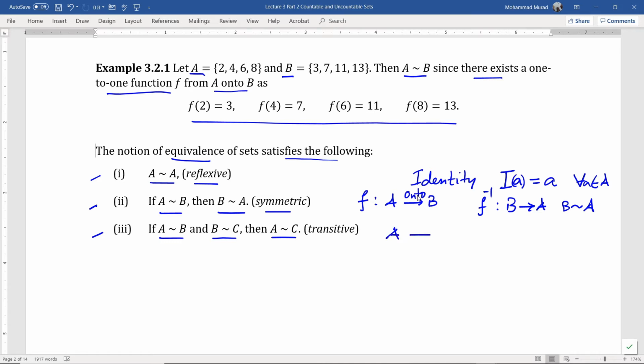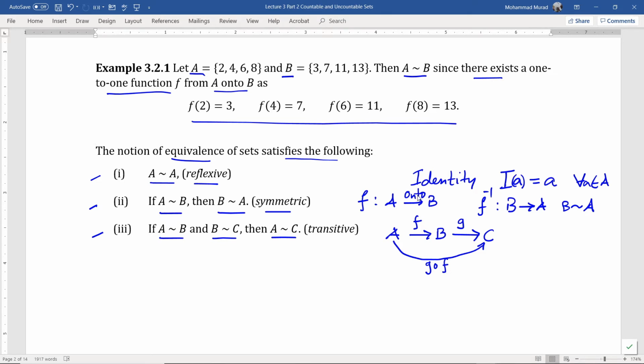The set A to B, there is a one-to-one and onto map F. And from the set B to set C, there is another one-to-one and onto map G. Then there exists a map from the set A to the set C, which is called G of F.